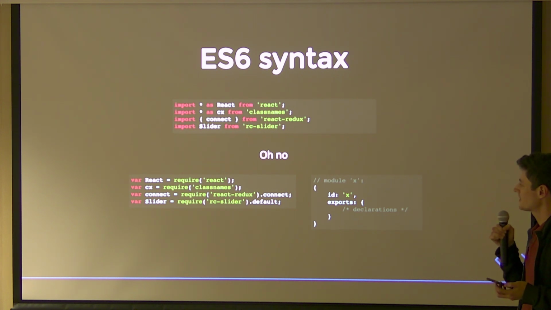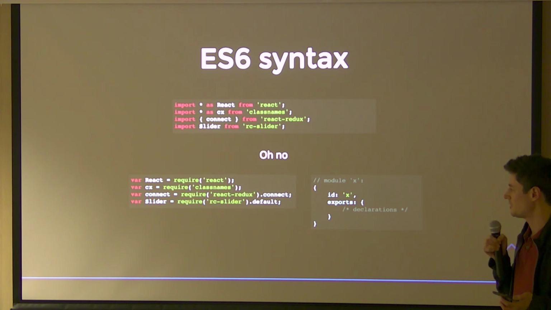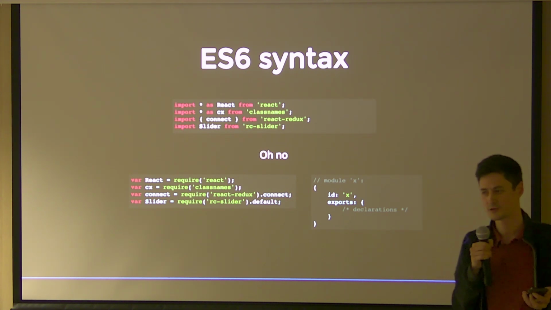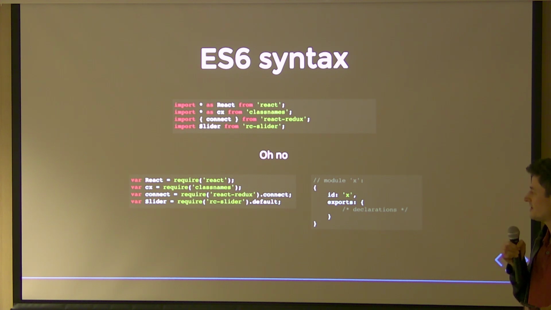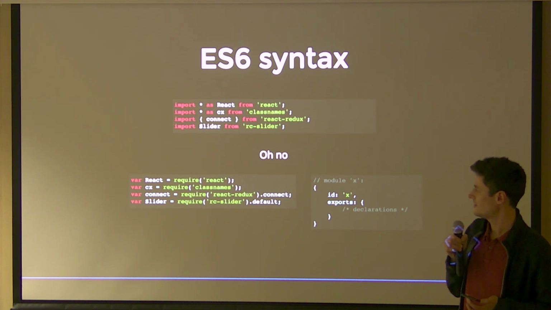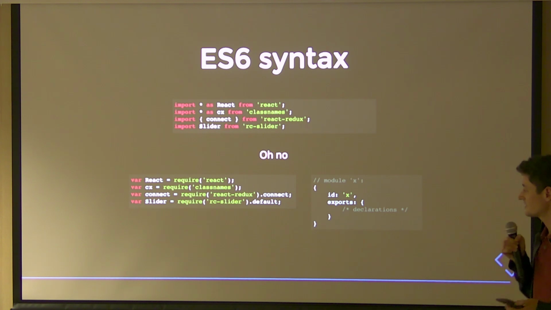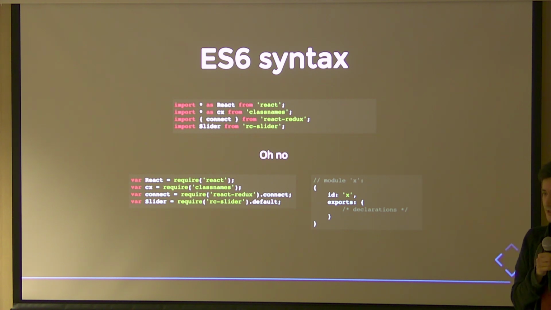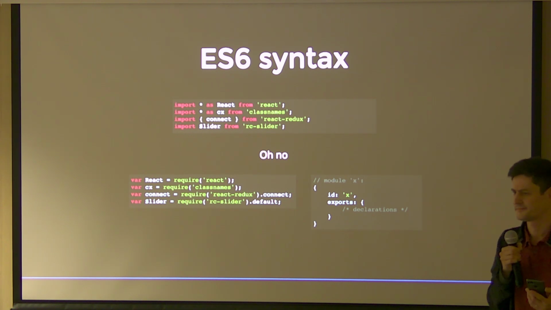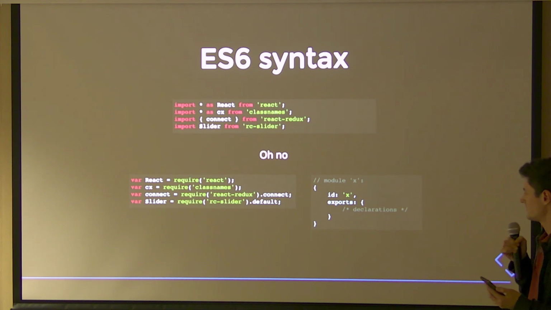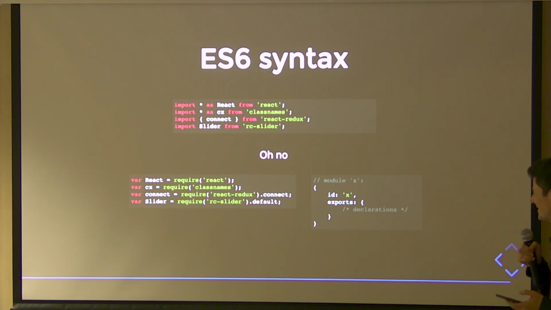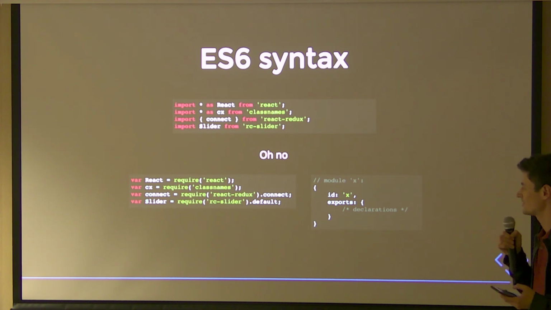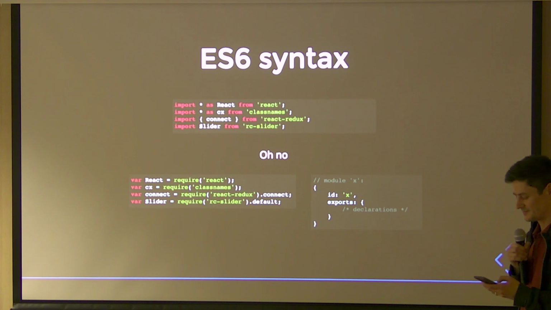It can be translated just as a require of something, dot the value you need. You have to destructure that yourself. And finally, the weird case: without the star as, it is as if you were requiring an export object that has a default property and it's getting you the default property value. Why there's even this concept of default is beyond me. Probably to save a star as somewhere, or I don't know.